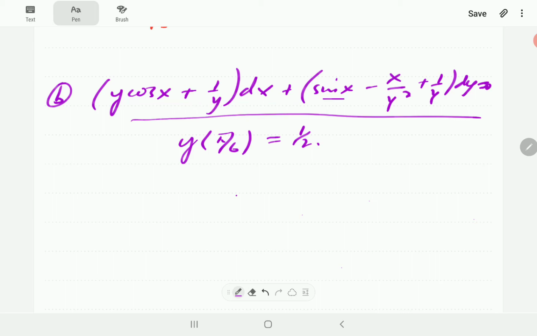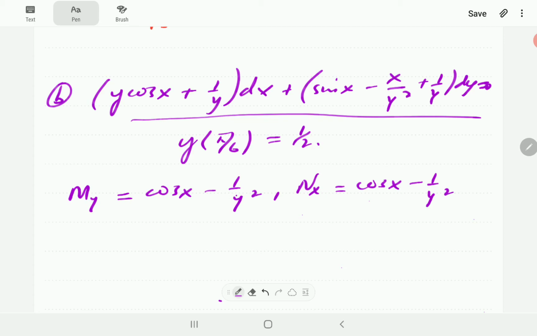If you try to look at the powers of x and y, you're going to find that this is not homogeneous. So then we try to work out My. My is going to be cos x minus 1 over y squared. Nx is going to be cosine x minus 1 over y squared again.